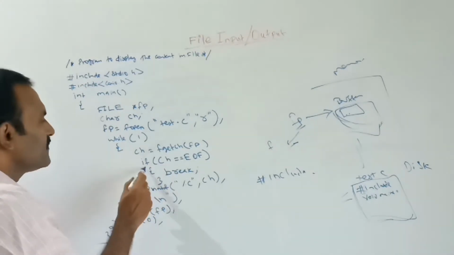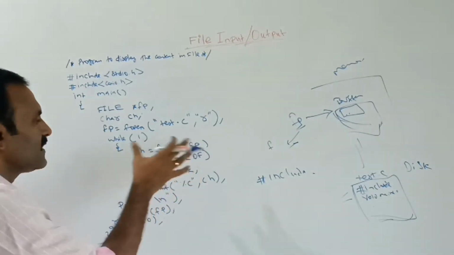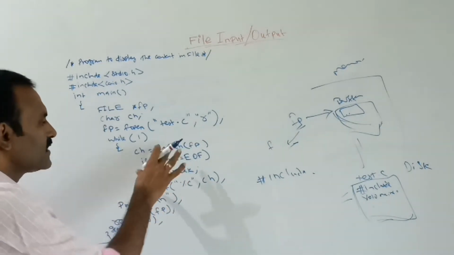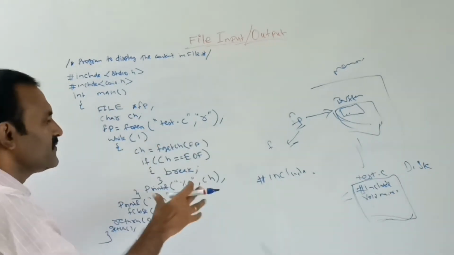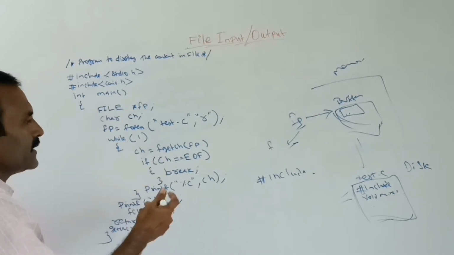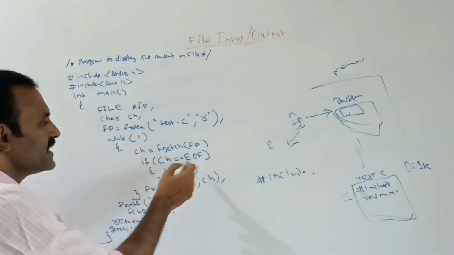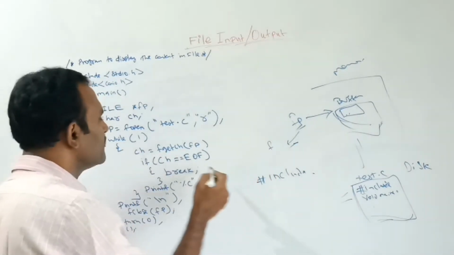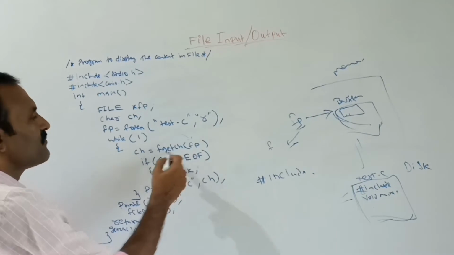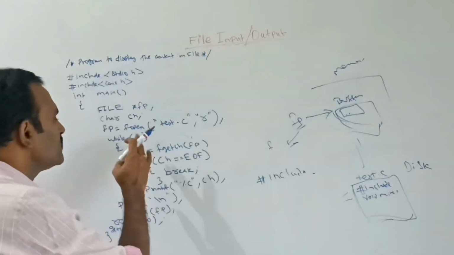If the ch variable is EOF then it will give the break. Otherwise, if ch is not EOF then it will be repeated. So each and every time this fgetc function gets a letter by letter, it stores it to ch.